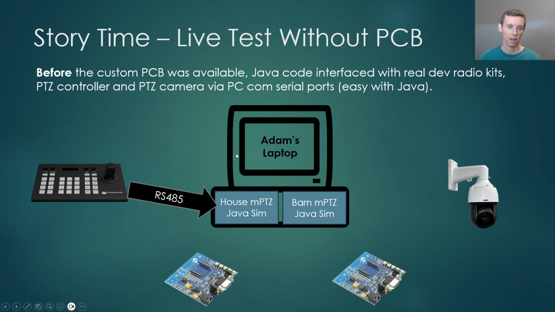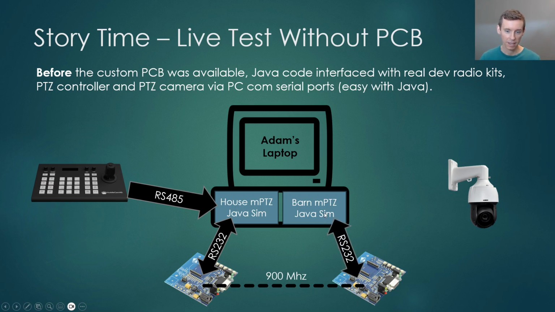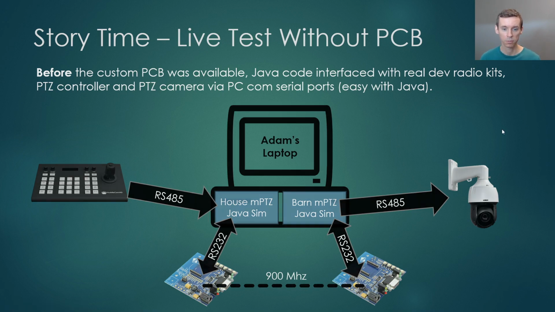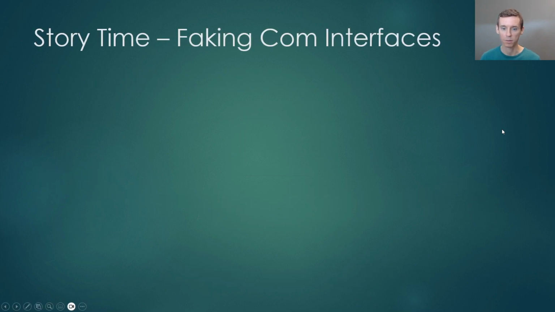So the controller, the joystick, would go RS-485 to a COM port, run in my Java code, acting like the actual MPTZ project. It would go to RS-232. Those radios, the dev kits, would actually talk back into my same laptop, and then out again to the real hardware. So I could test pretty much everything except for my very low level UART drivers from Java with one computer. And this was extremely powerful.